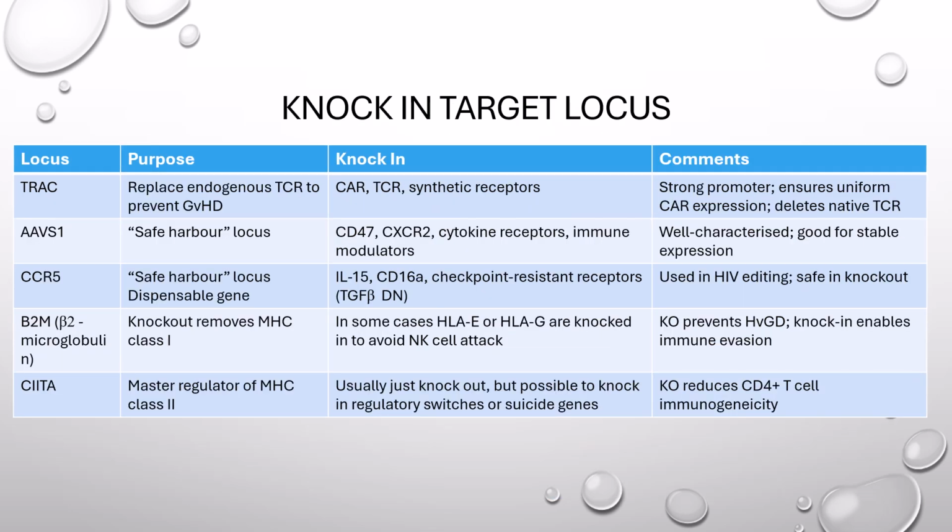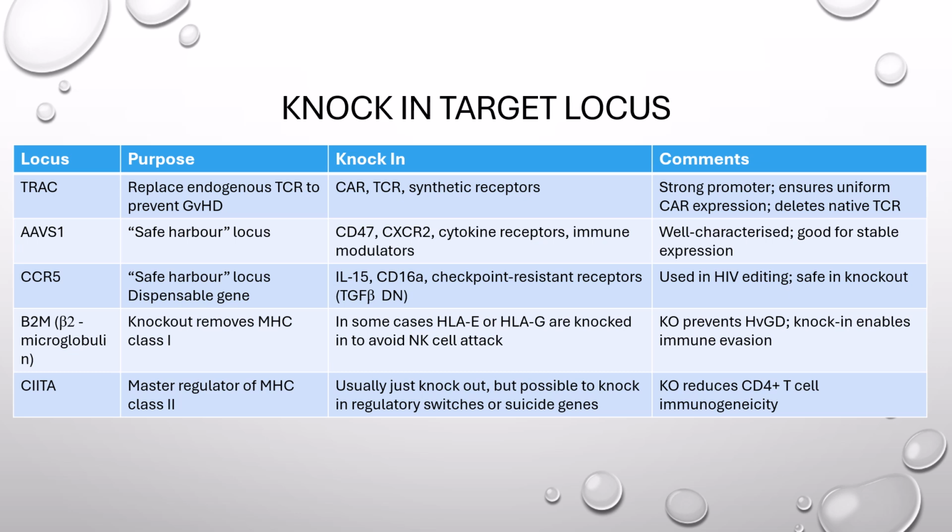I just want to talk about where we put things, because I don't know whether or not I've put this on this slide. From what I've been able to locate, there are certain places where you can put certain genes. So the TRAC locus, you would put the chimeric antigen receptor or the T cell receptor, or whatever synthetic receptor you've come up with for your product.